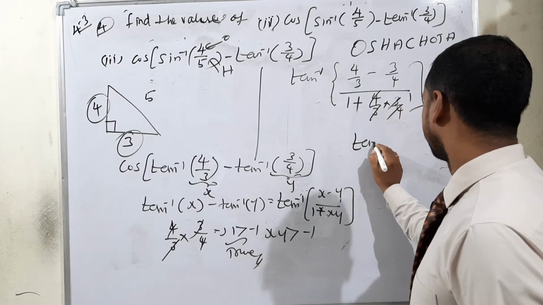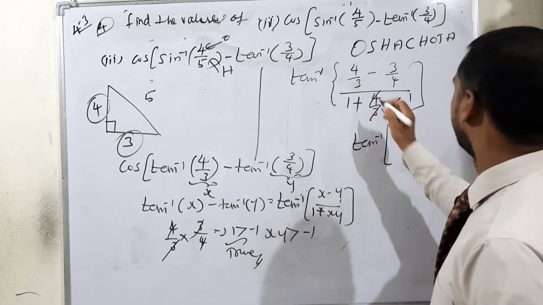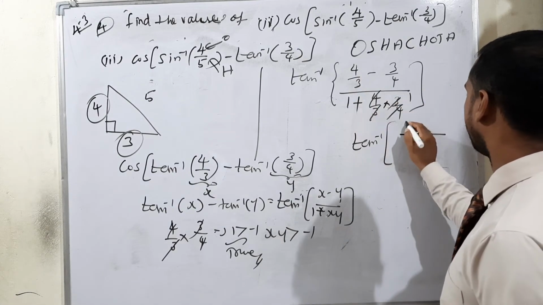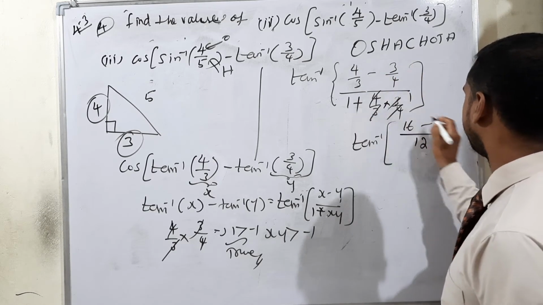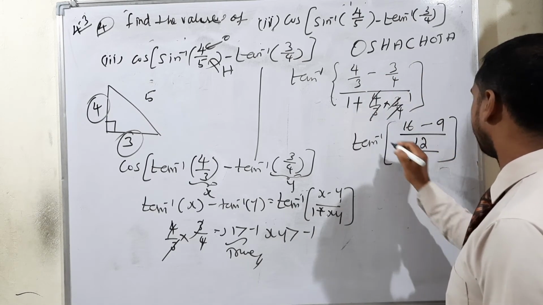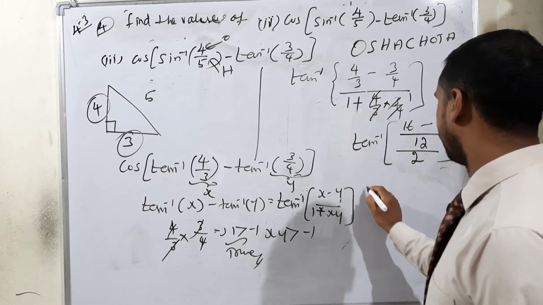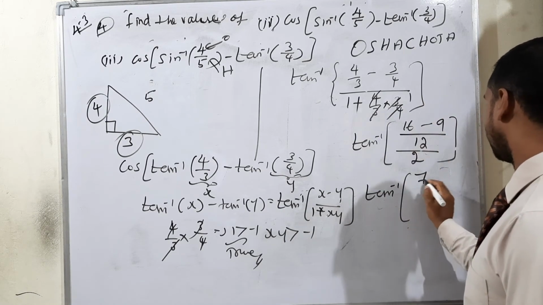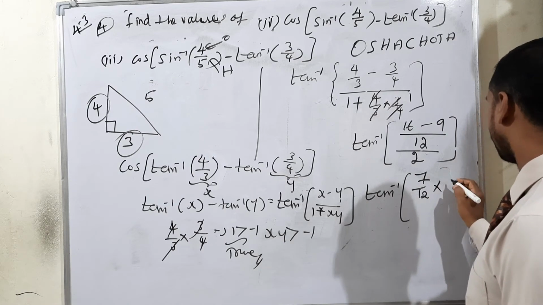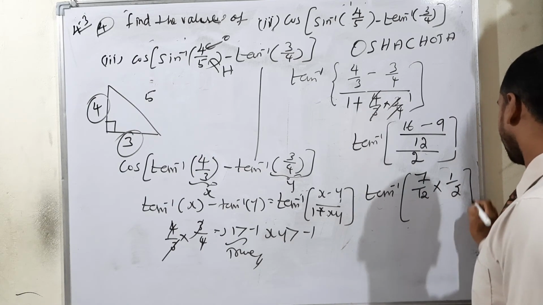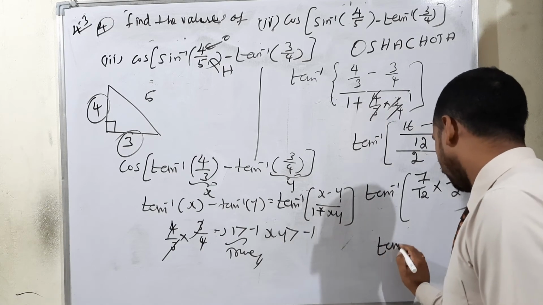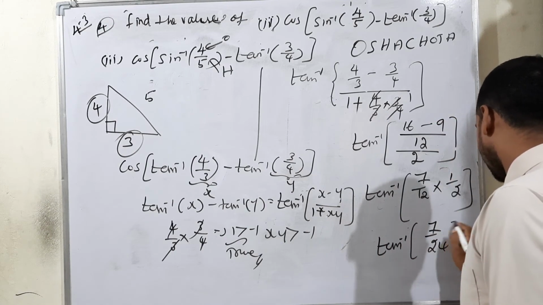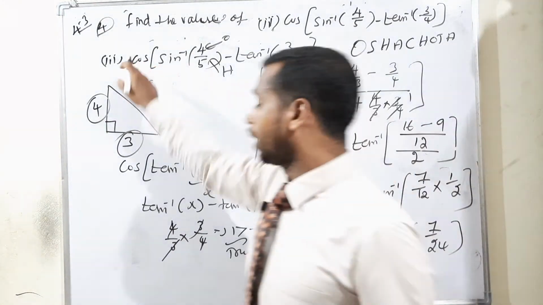Now tan inverse, cross multiply with common denominator 3 into 4 is 12, cross multiply: 4 4s are 16 minus 3 3s are 9, the whole term divided by 1 plus 1, which is 2. Next, tan inverse 16 minus 9 is equal to 7 by 12, divided by 2. Again reciprocal, 2 by 1, we can write it 1 by 2. Therefore tan inverse 7 by 24, isn't it? But outside we have cos, isn't it?